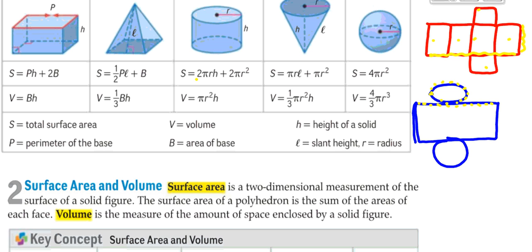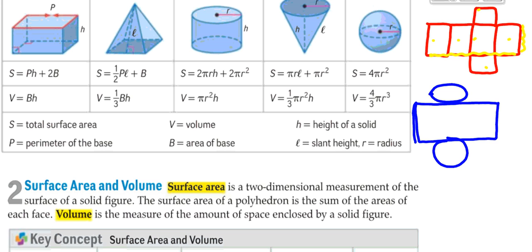And the circumference is 2 pi r. And so that's 2 pi r is really this dimension along here. And then the height is up and down like that, so 2 pi r times h. The area of a circle is pi r squared, but there are 2 of them, and so that's why we multiply by 2. So if you forget these formulas, they are there in your work as you want to look at them and go through things for yourself.